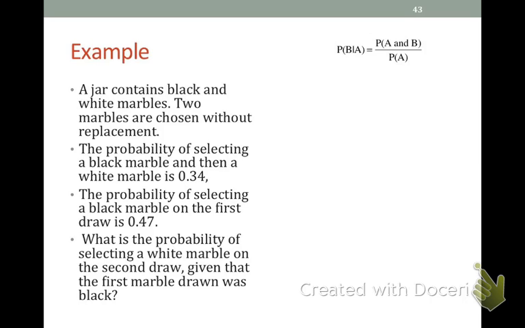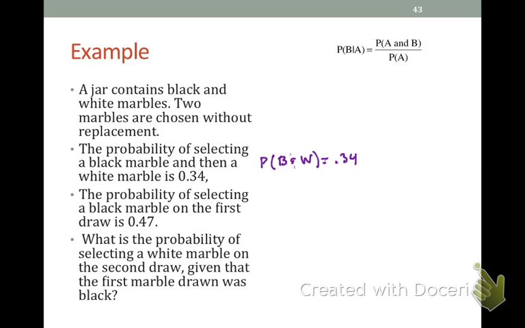Yes. The probability of B and W? Correct. Good job. What about the next one? Anyone want to take a stab at the next one? Gavin. Probability of B, black marble.